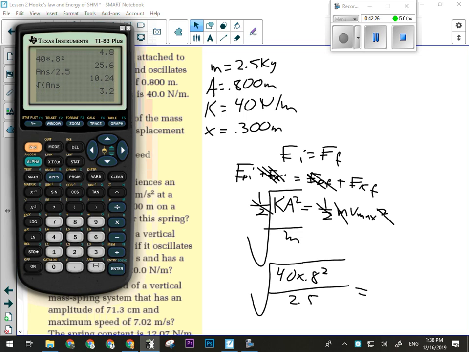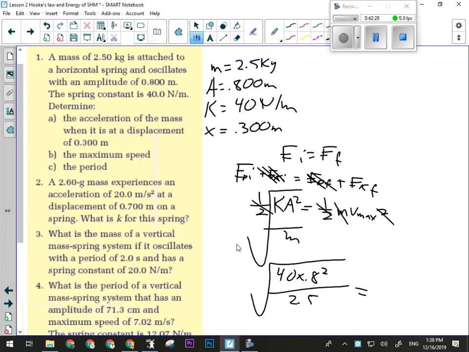So the maximum speed of this thing is 3.2 meters per second. Everybody all right with that?